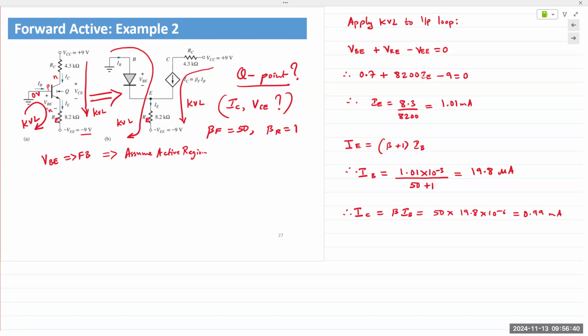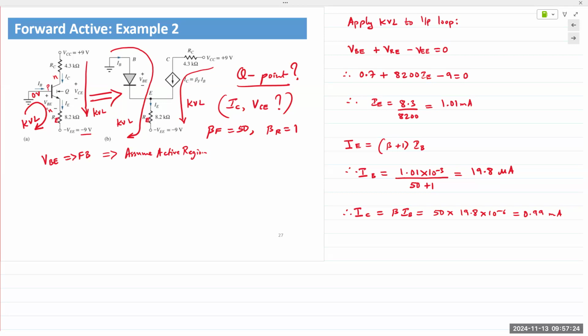IE should be the largest current, because IE is equal to the sum of the base and collector currents. Second, IC should be very close in value to IE, but not larger or the same. This is not an FET. In an FET, the gate current IG would be 0. In a BJT, IB will be very, very small, but it will be a positive value. And so IC would be very close in value to IE.